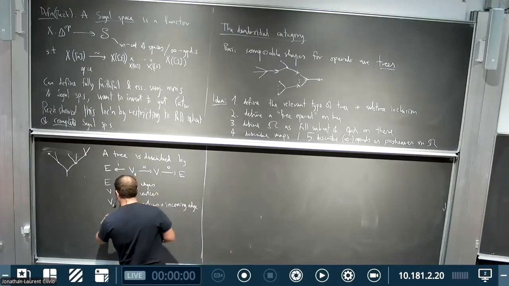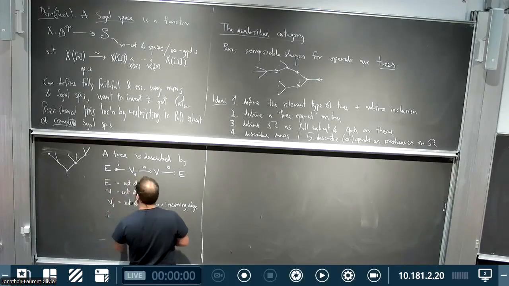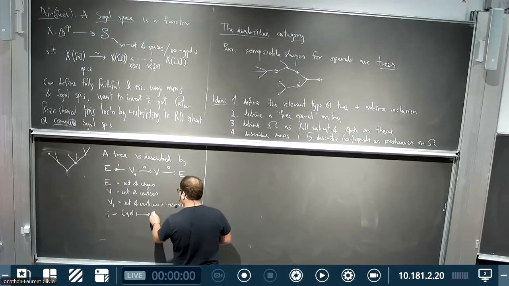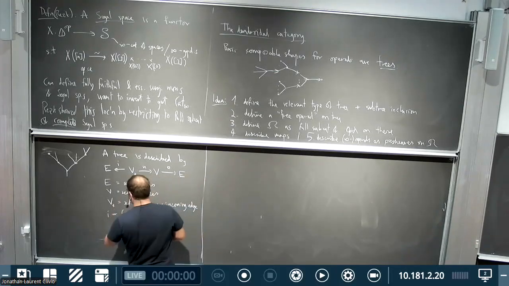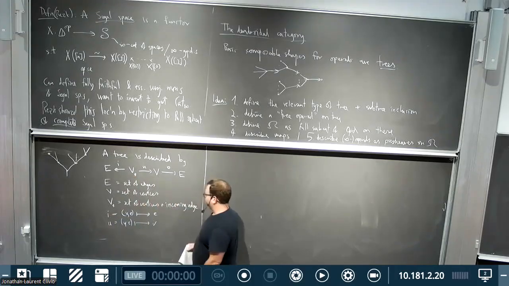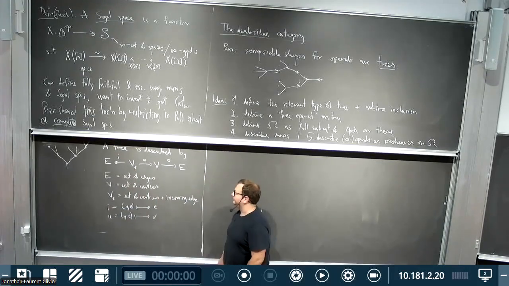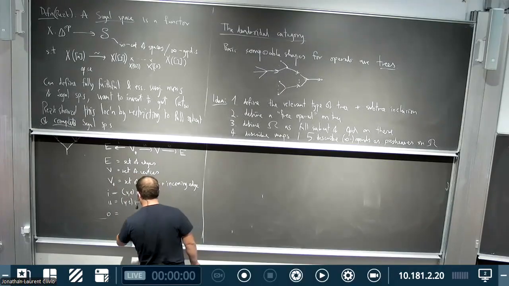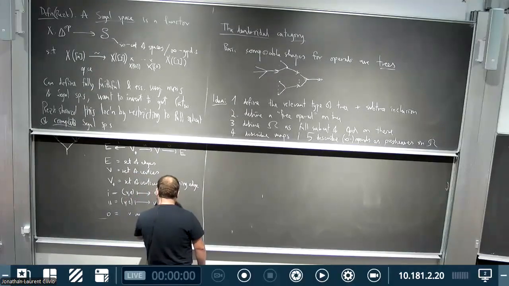And so I have this map I, which sends a pair consisting of a vertex and an edge to an edge. And then U takes my pair, projecting and forgetting the edge, and sends it to the vertex I have. And then O is going to take a vertex to its unique outgoing edge.